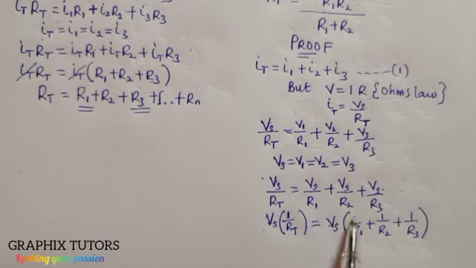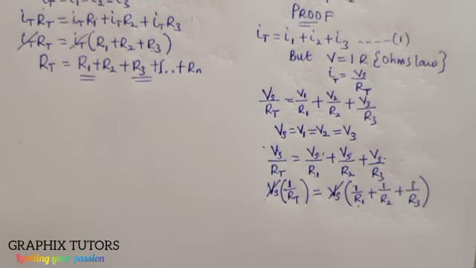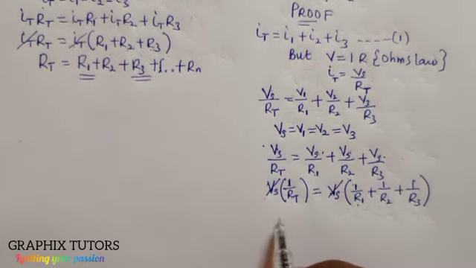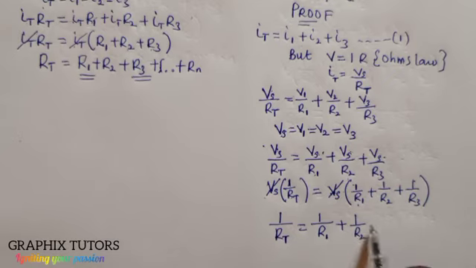How? Vs times 1 over R1 gives you Vs over R1, Vs times 1 over R2 gives you Vs over R2, and Vs times 1 over R3 gives you Vs over R3. So I only factorized here. Now, since I have Vs on both sides, the Vs cancel. So I'm left with 1 over R total is equal to 1 over R1 plus 1 over R2 plus 1 over R3.